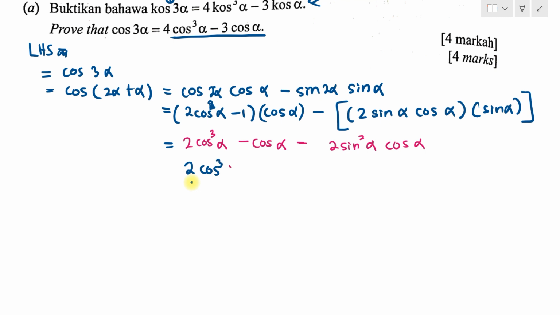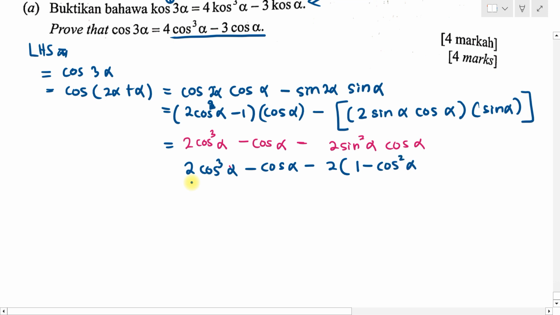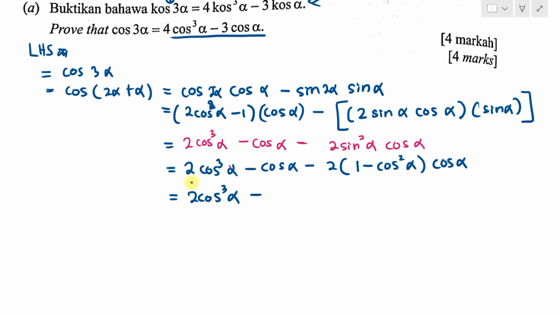So 2 cos cube alpha minus cos alpha minus 2 sin square alpha is 1 minus cos square alpha and then cos alpha. Okay, we can replace. So what will it become? 2 cos cube alpha minus cos alpha minus 2 times 1 minus cos square alpha.